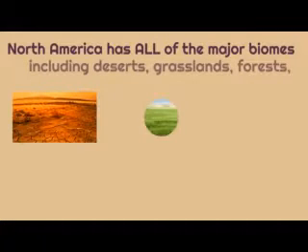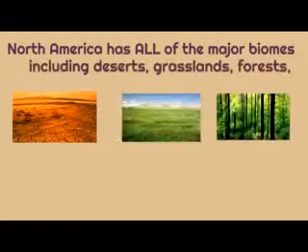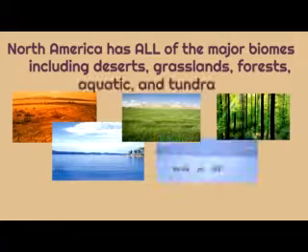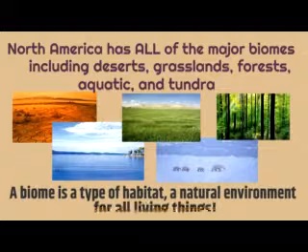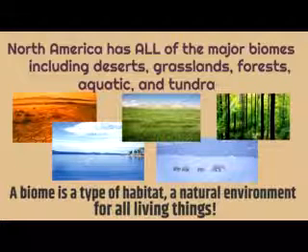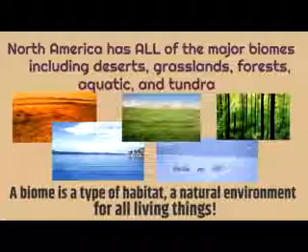And it's interesting, North America has all of the major biomes, including deserts, grasslands, forests, aquatic, and tundra. A biome is a type of habitat, a natural environment for all living things.